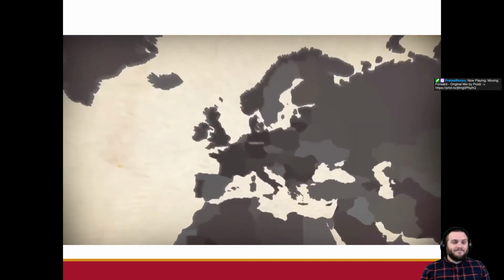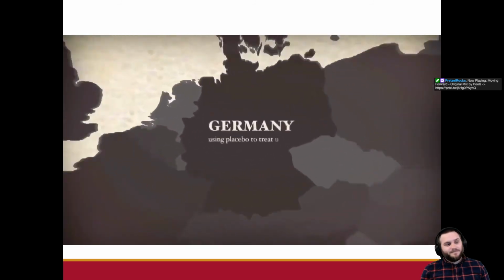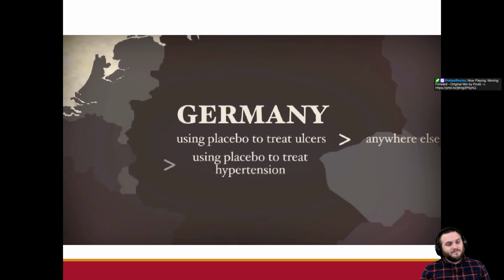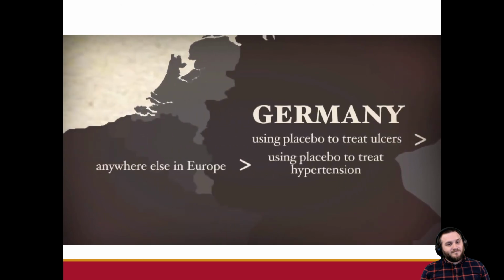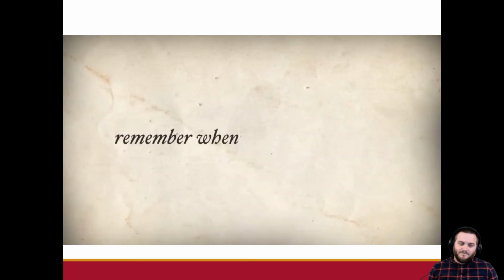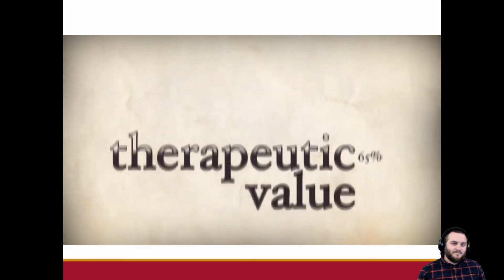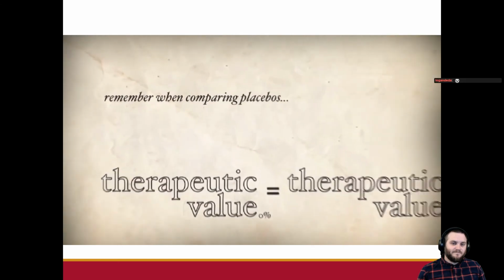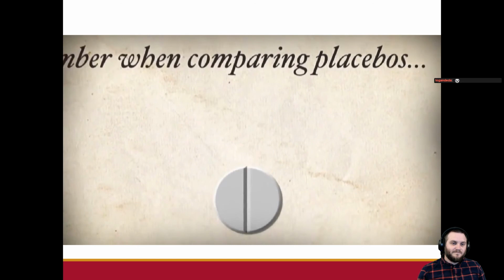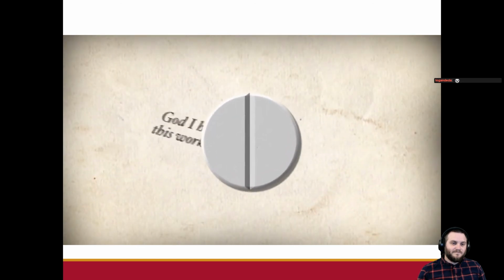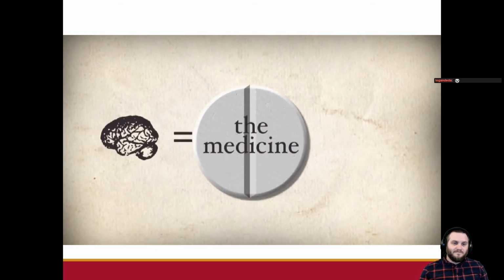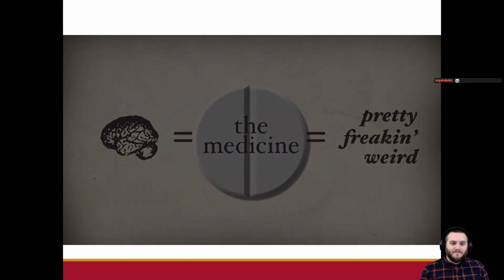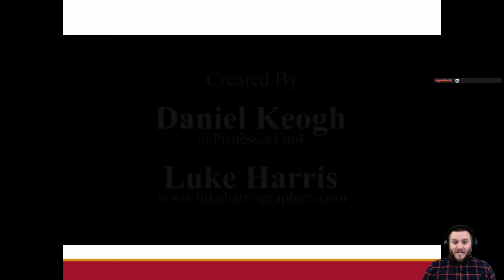For example, in Germany, using a placebo to treat ulcers works better than anywhere else in Europe. But using a placebo that treats hypertension doesn't work nearly as well as it does for its neighbours. Now, remember that all of this is about comparing things that both have nothing medically effective in them, which goes to show that a placebo isn't about what's in it, but about the beliefs that we load onto it. Our minds create the medicine, and that is pretty freaking weird.